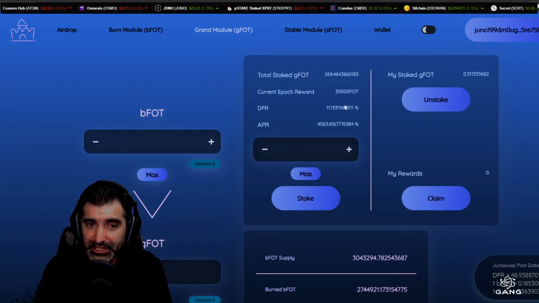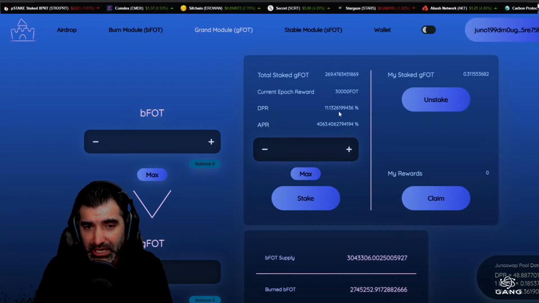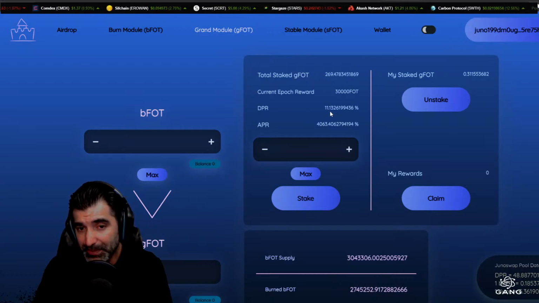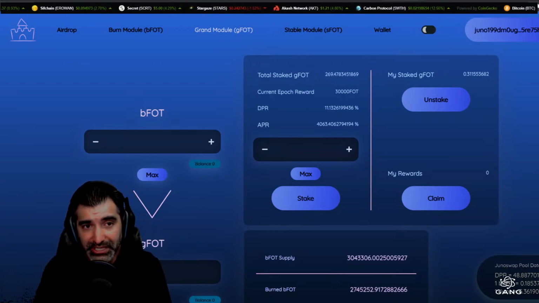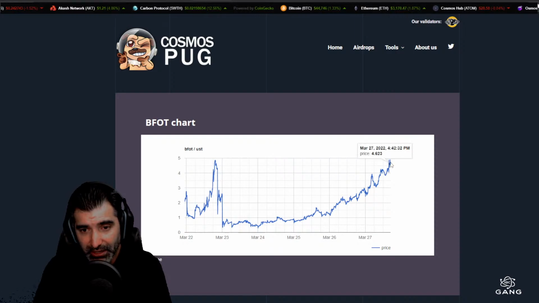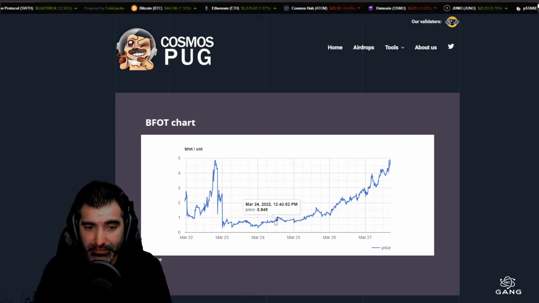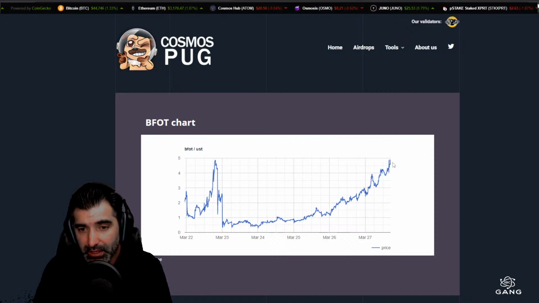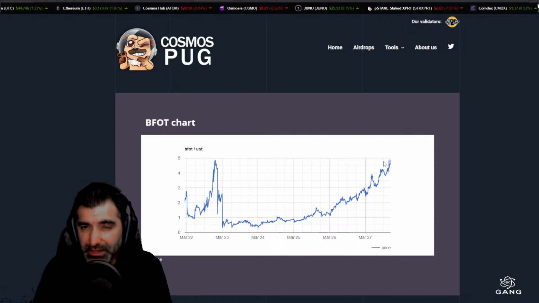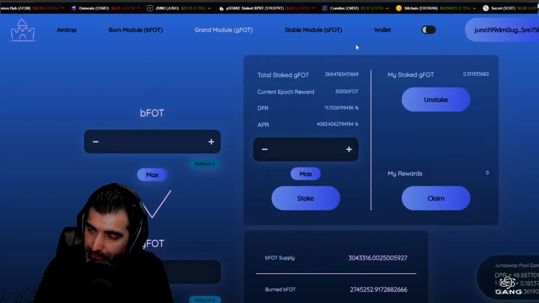The DPR, the daily percent return, has been going down with adoption. We're seeing price increase, which is obviously going to bring that down, right? Let me refresh this to make sure we get the latest data. Look at that, guys. That's freaking beautiful. Everything to me is pointing to the fact that it doesn't make sense that this is actually a rug pull.